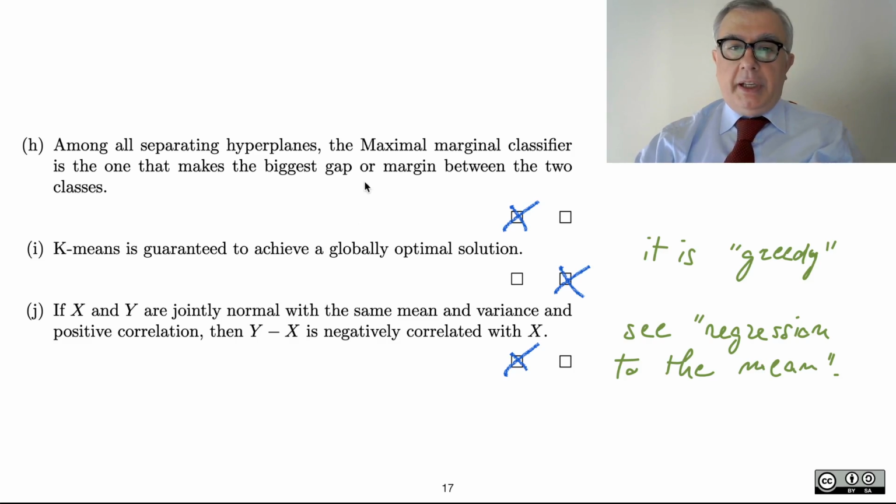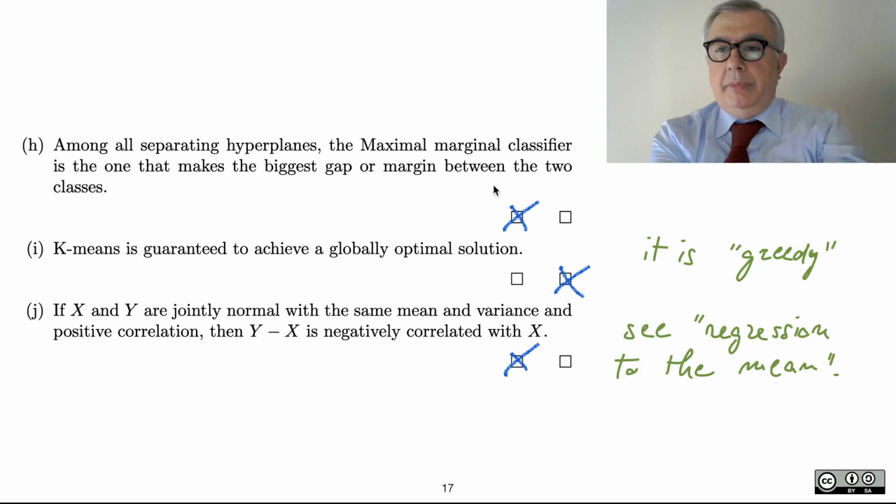Among all separating hyperplanes, the maximal marginal classifier is the one that makes the biggest gap or margin between the two classes. Yes, if you have the possibility of finding a separating hyperplane, and you know that this may not happen in some cases, so there are classification problems such that the data, your training data, are not linearly separable.